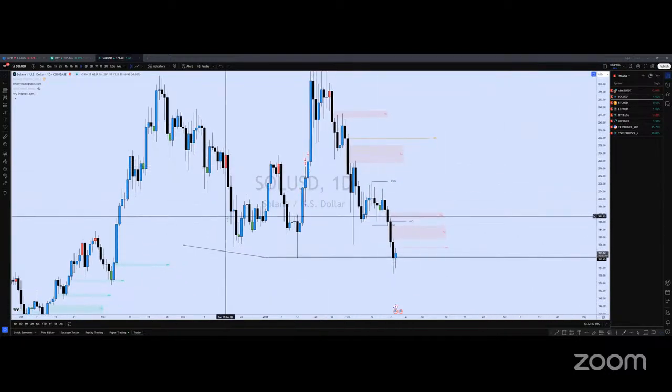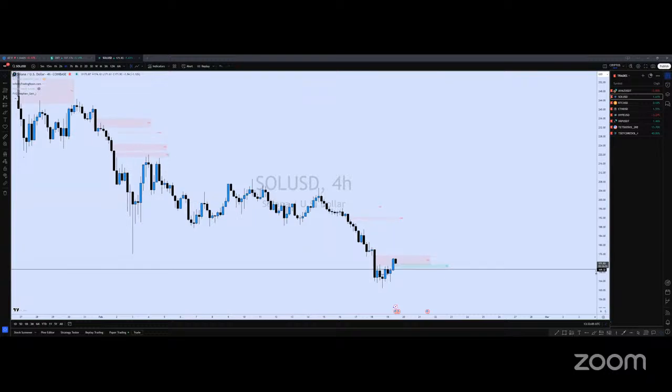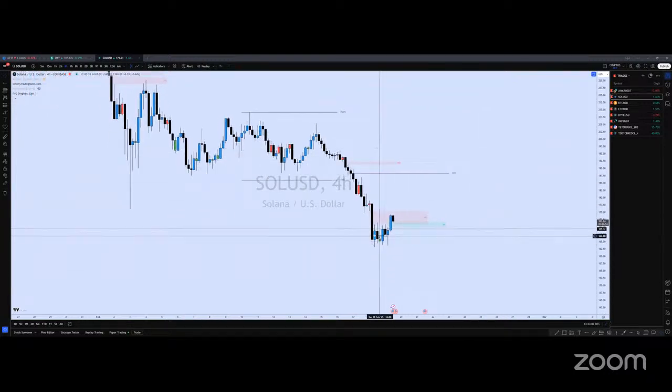Solana, I think yesterday I talked about price rejecting this low here as soon as we go below it, because we had this down candle. And on the H4 this morning, I saw that it gave a trade idea, which I missed.